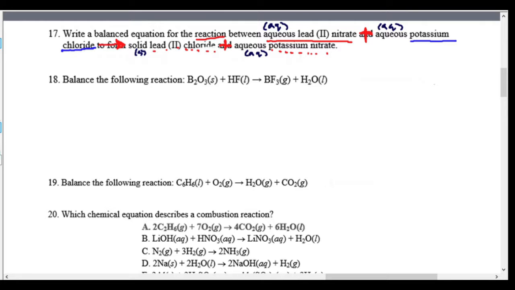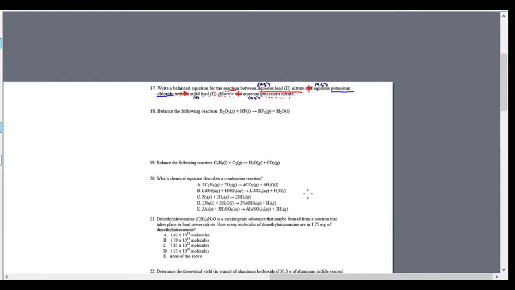So, let's break this down over here. Increase the brush size a little bit. Hopefully you guys can see that. So our first compound is going to be aqueous lead 2 nitrate. So we have Pb2 plus and NO3 minus.